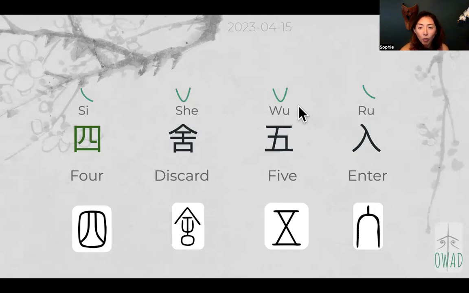四舍五入. This phrase, any elementary school student can tell you, because this is the rule Chinese teachers coined to drill how we do our roundings. If this is 4, so if after the decimal or whatever positioning, if you round to the single digit, and this is 4, you are going to discard it.